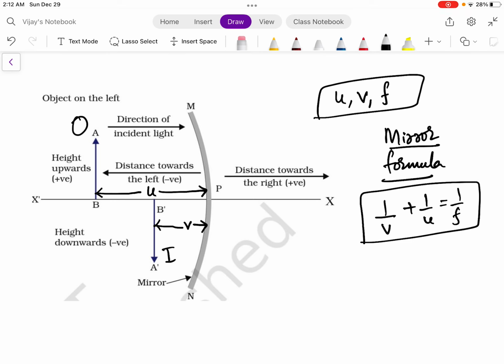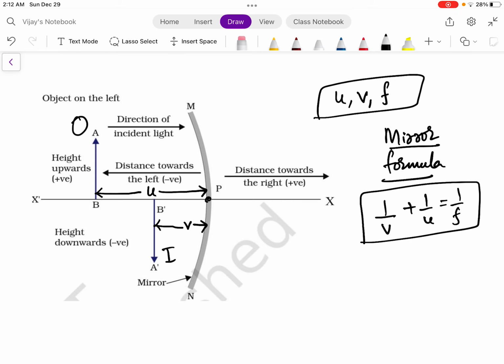But remember, whenever you are using this mirror formula, we have to be very careful about the sign convention that we will follow. In this image, you can get an idea about the sign convention that you have to follow. Now see here.